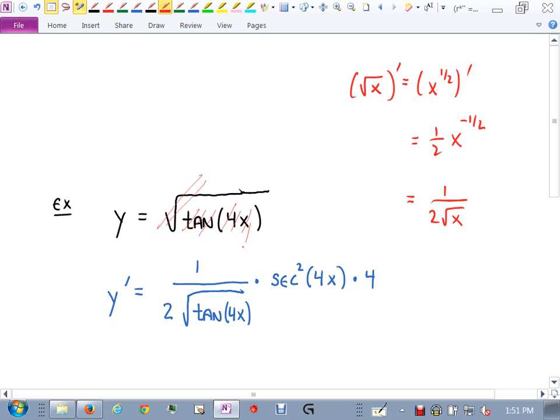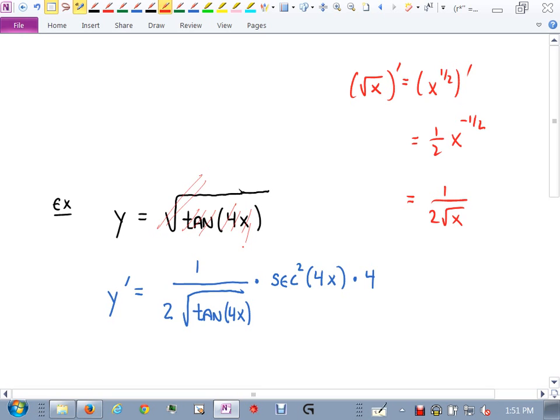In which one? This one? You mean as opposed to writing what down? No, because that's what the chain rule is saying. When I take this and I cover it up and I say, what's the derivative of tangent of this? Derivative of tangent of this is secant squared of that, right?